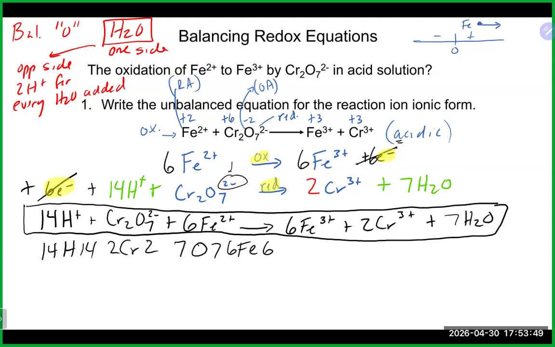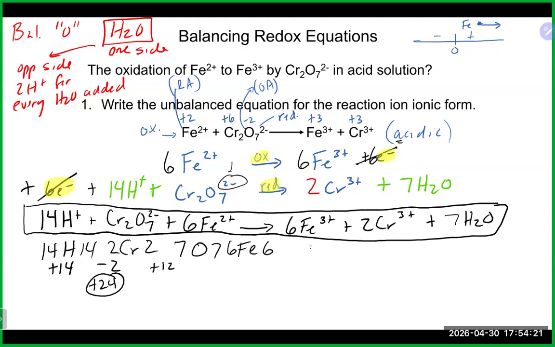We also should be balanced in terms of charge. So the overall charge on the left-hand side of the arrow and the right-hand side of the arrow should equal each other as well. That's going to give us a plus 14 for the hydrogens, a minus 2 for the dichromate, and a plus 12 there for our iron. Adding all that together, 14 and 12 is plus 26, less 2 gives us a grand total of plus 24 on the left-hand side.